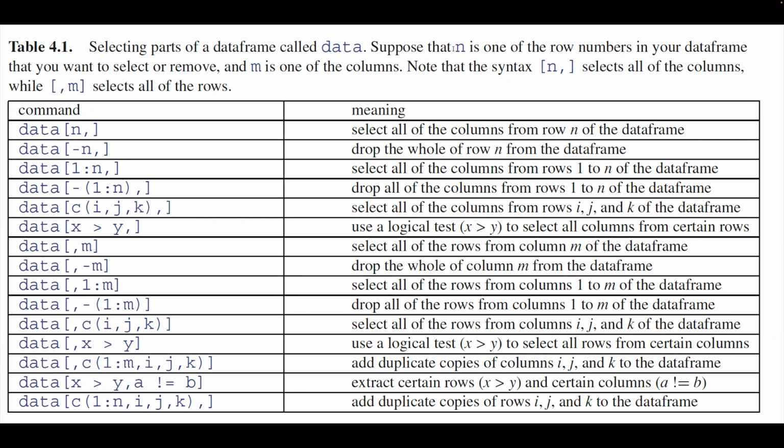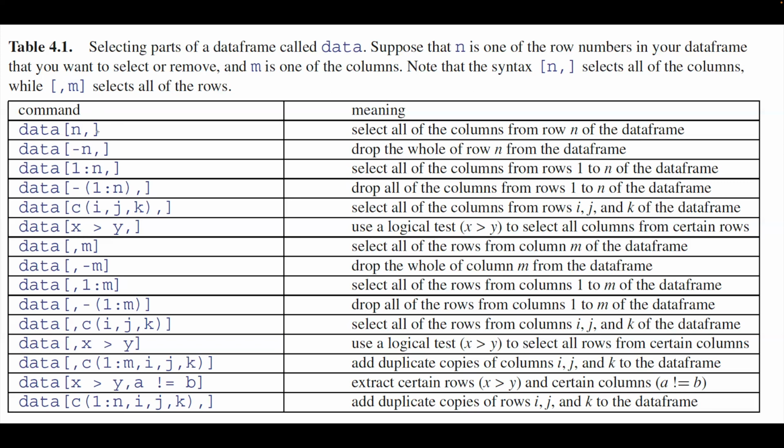So suppose that n is one of the row numbers in your data frame that you want to select or remove, and m is one of the columns. Note that in the syntax, this one selects all the columns, while this one selects all the rows.